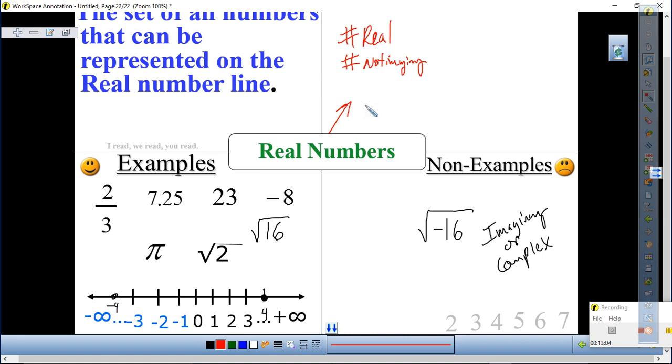Anything else you want to add? So real, not imaginary. Wow. Hashtag real numbers. Okay, and if you have another one, just add it into your critical attributes. All right, we good? Okay. Let's move on.